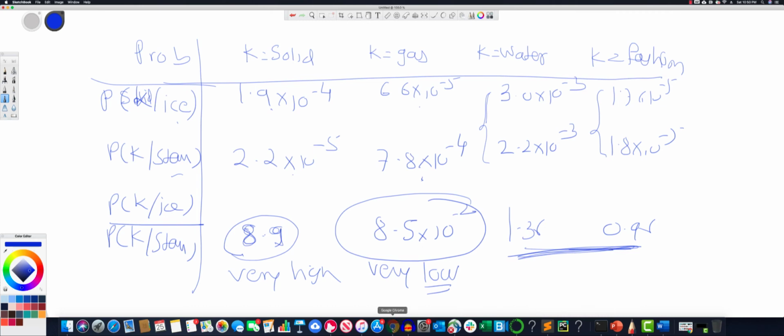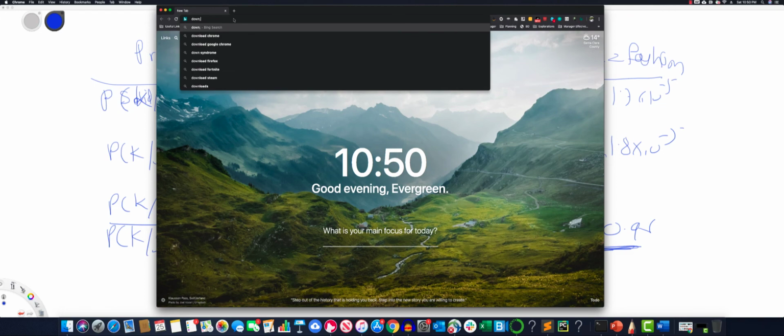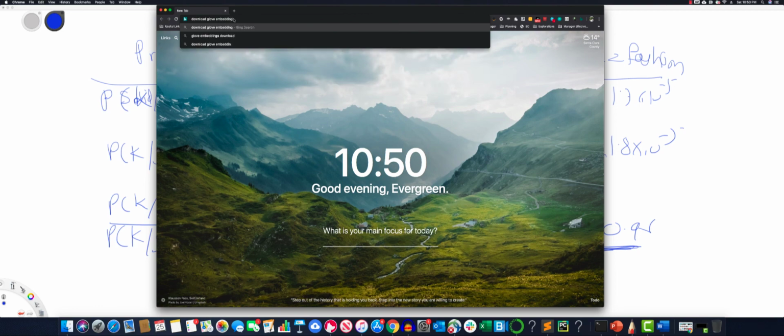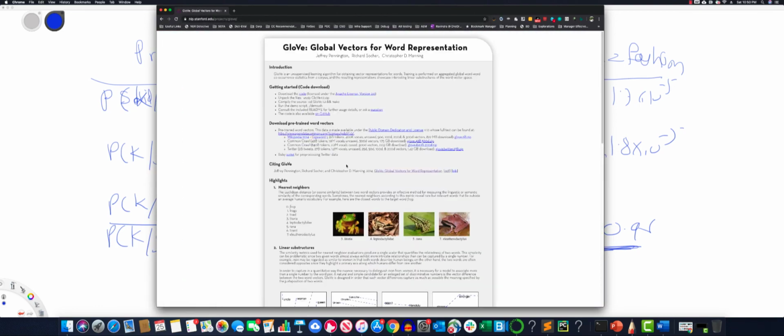So these GloVe embeddings have already been trained, and you can download the pre-trained embeddings by just searching for download GloVe embeddings and going here. Different GloVe embeddings are available depending upon the number of dimensions you choose.